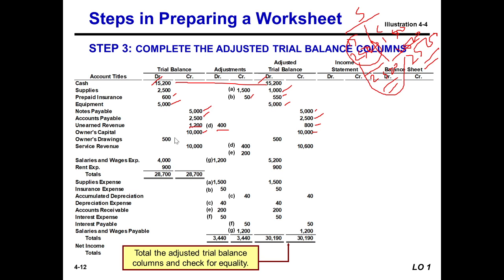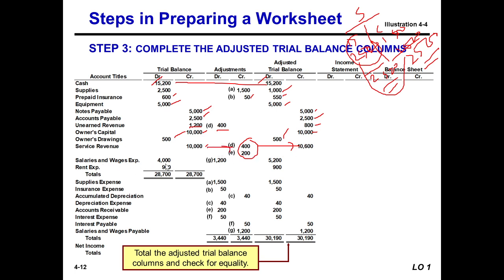Owner's drawing 500, no adjustment here, 500. And service revenue 10,000, so this is the credit. These two are credit also. So 10,000 is here plus 600, so it will be 10,600. Okay, I think everybody is clear.